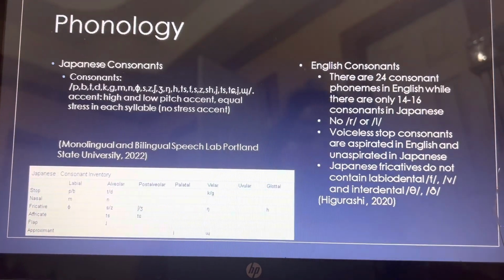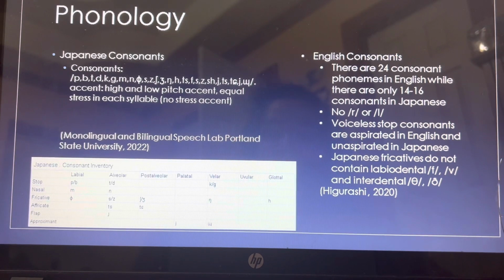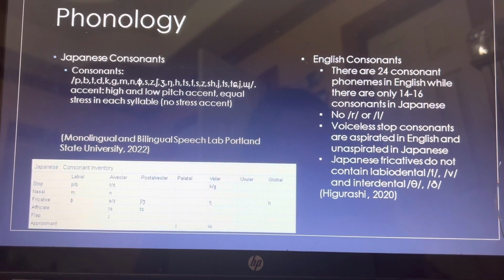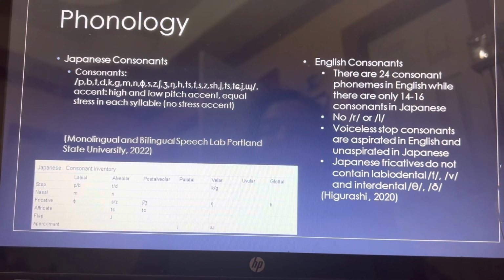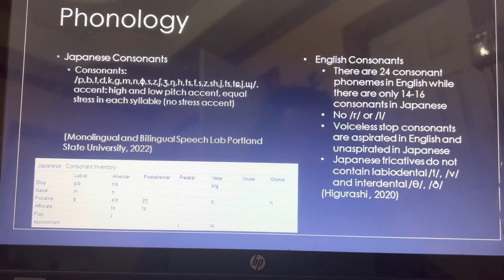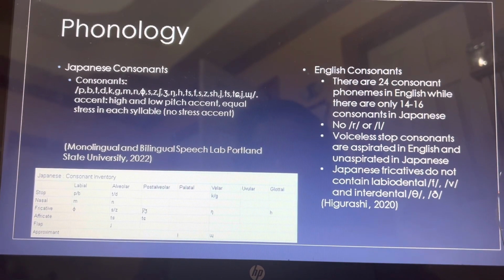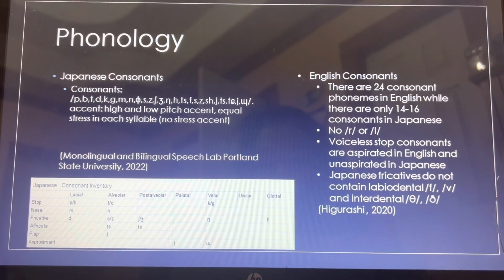Okay. Next, here we have the consonants, of course. On the left side, the Japanese side, I tried listing out the consonants. Hopefully that's all right. And then I also just noted that, of course, the accent markings and stress could be different for the consonants depending on what's being said.